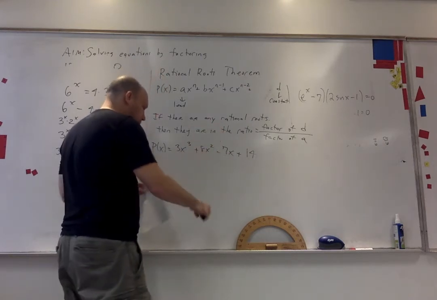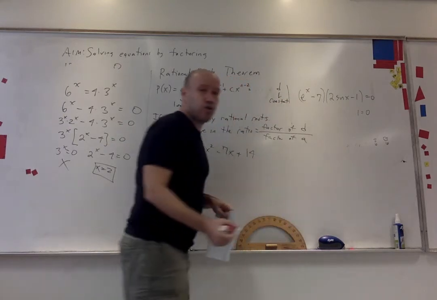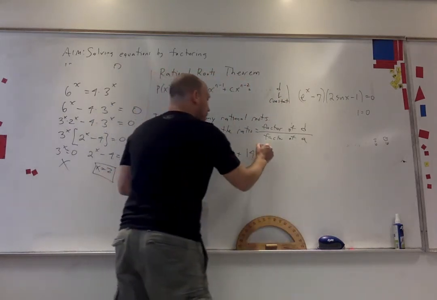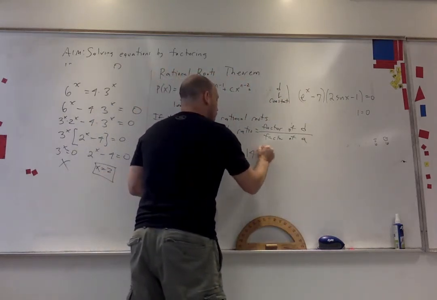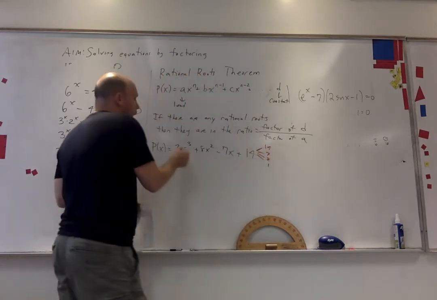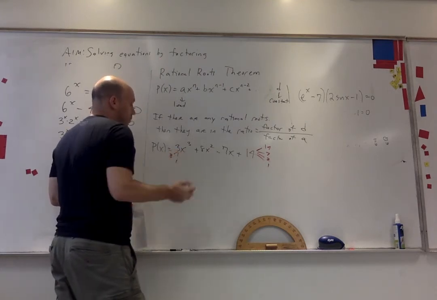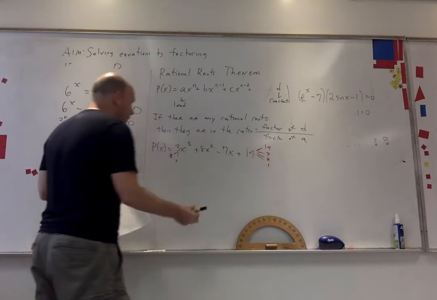So first of all, let's take a look at 14. What are the possible factors of 14? It's 14, 7, 2, and 1. What are the possible factors of 3? 3 and 1.